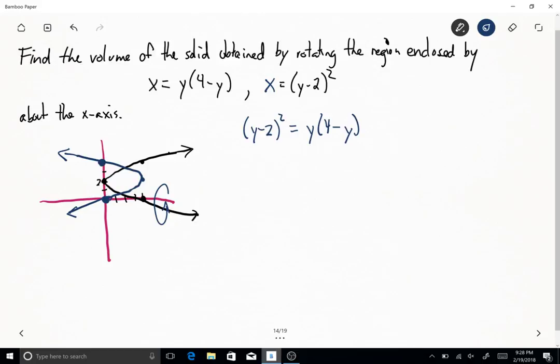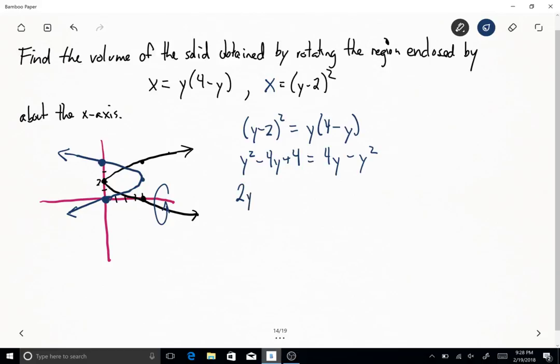So in this case, notice we have y squared minus 4y plus 4 equals 4y minus y squared. So subtract the 4y over to the other side along with adding the other y squared.